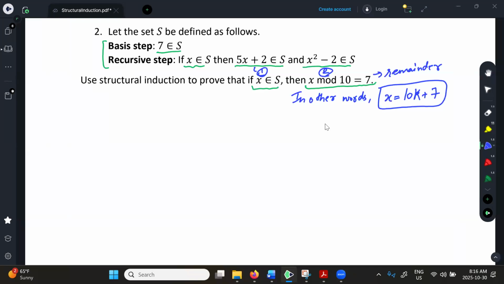So let's start with the basis step. The basis element is only 7. So I need to prove that 7 belongs to S and can be written in this form: 10 times some integer plus 7. Can I?